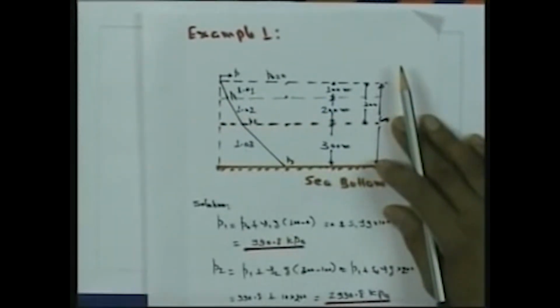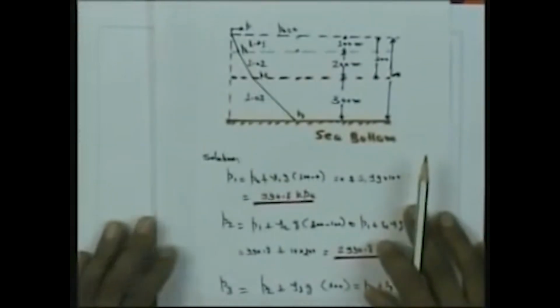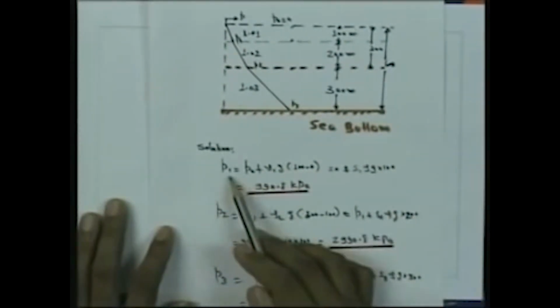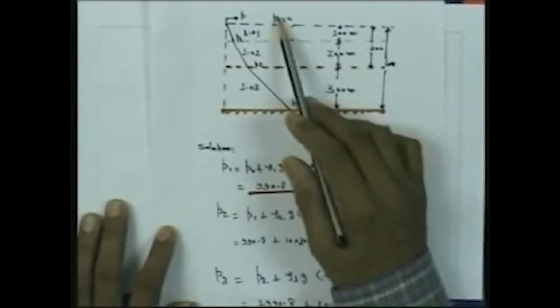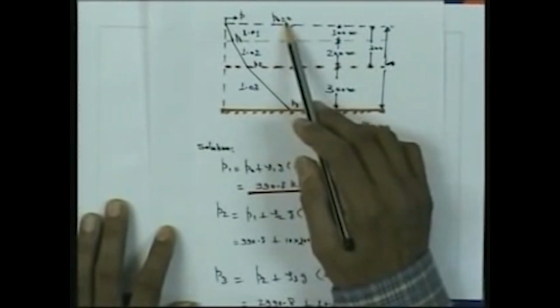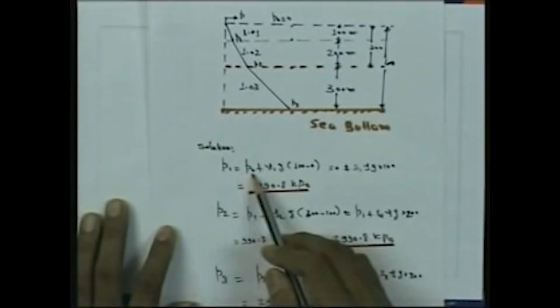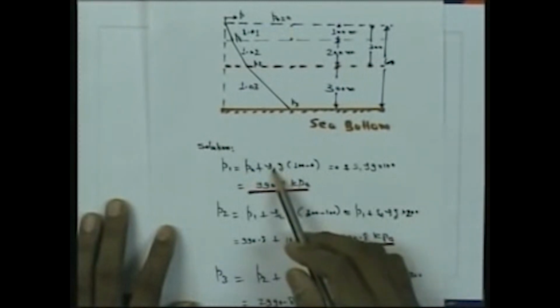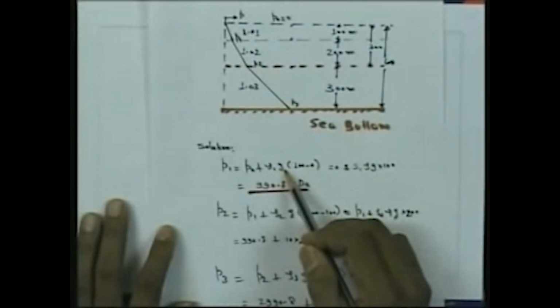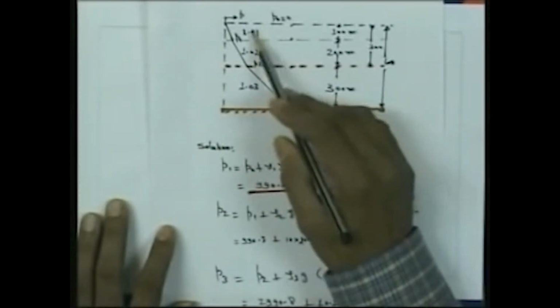So, we can just utilize the equation which we have derived earlier. In the solution, we want to determine P1, the pressure at this interface. That will be equal to the surface pressure, the atmospheric pressure: P1 is equal to P0, the atmospheric pressure, plus rho 1 g, where rho 1 is the density and g is the acceleration due to gravity. That gives the specific weight of the liquid in this layer.